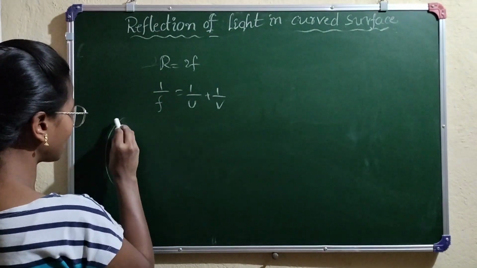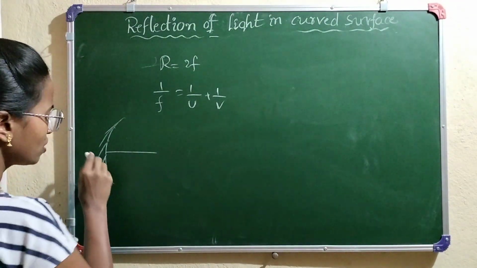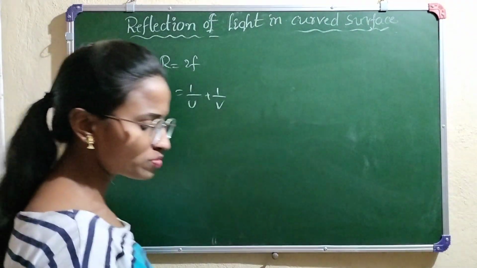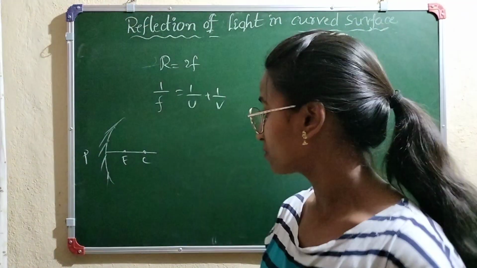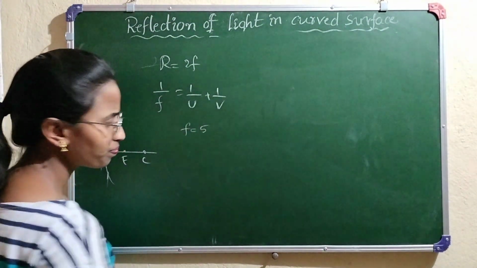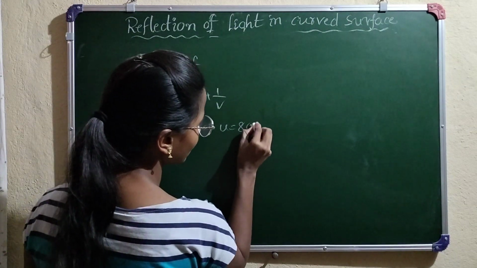In the problem they will not give the diagram, we have to draw it. The object distance is 8 centimeters and the focal length is 5 centimeters.